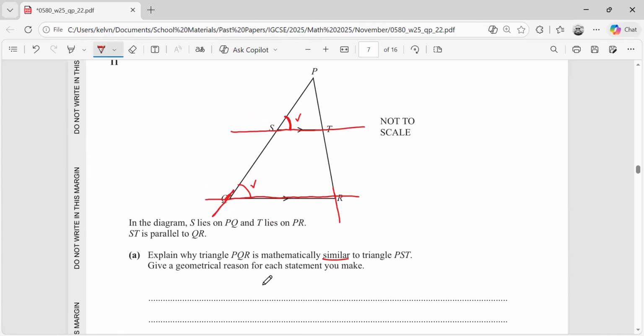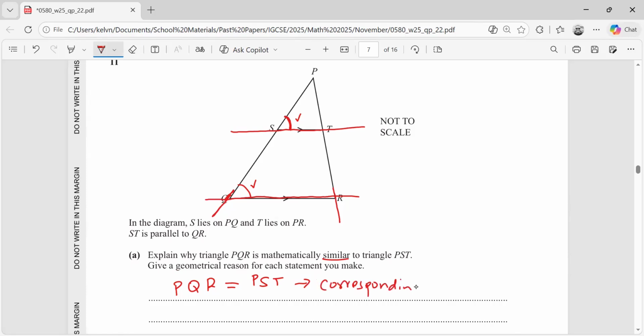So basically you can say angle PQR is equal to angle PST. Why? Remember they say give a geometrical reason. Because they are corresponding angles. Parallel lines and transversal lines give us corresponding angles.